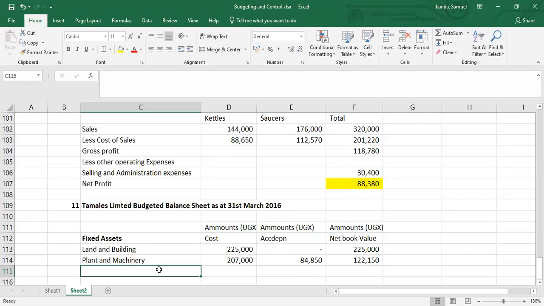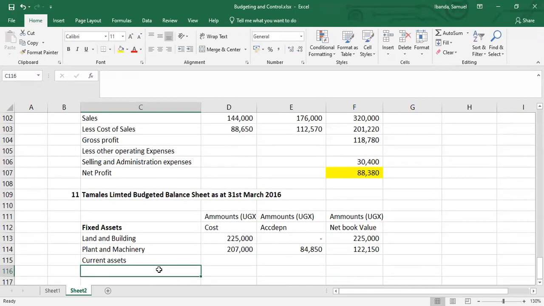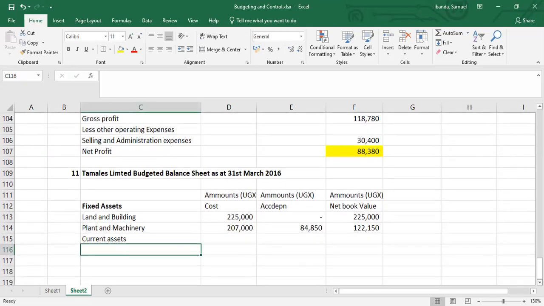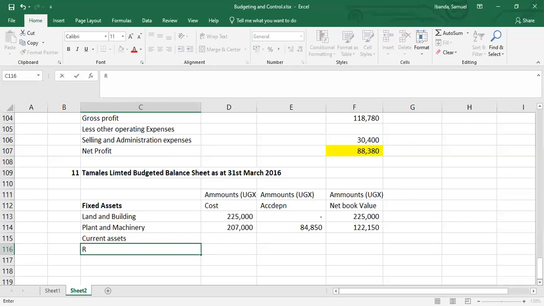Once I have that, mine is now to calculate my current assets, since I don't have any other machine. For current assets, I'm going to borrow a leaf from the beginning trial balance. But since I'm now closing another period, I'm going to do the breakdown. I'm picking this from the balance sheet they have given us.